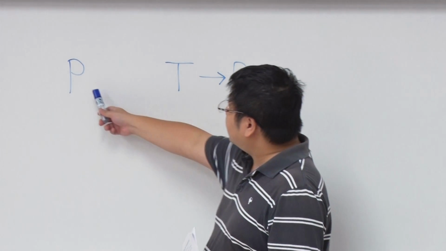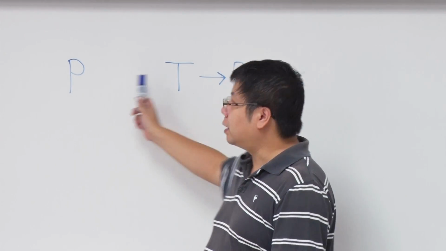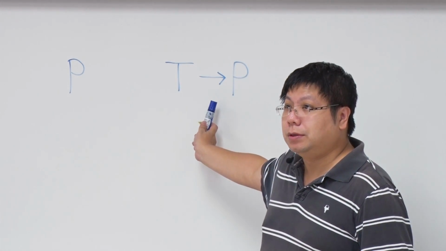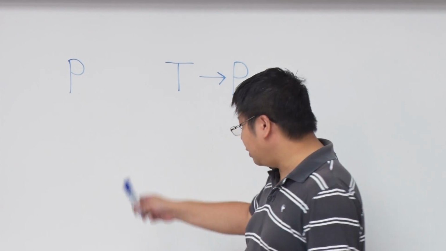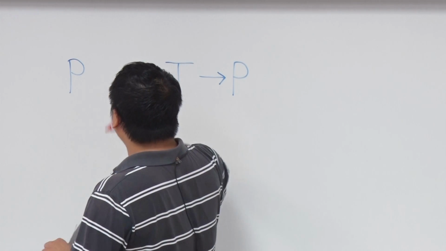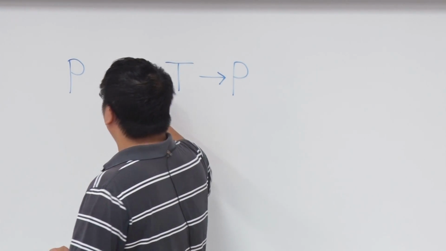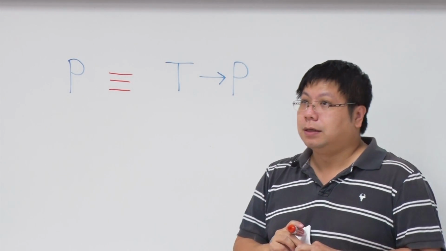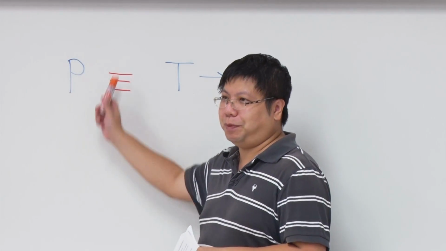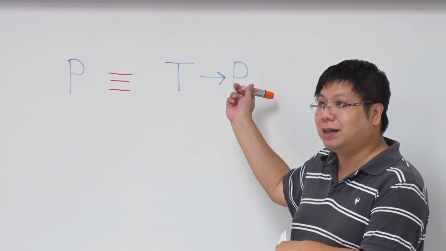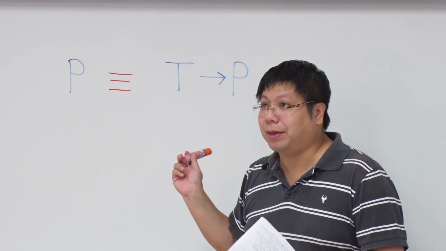If P is true, then T implies P will be true. If P is false, T implies P will be false. So these two are actually equivalent. It doesn't make sense to say that if I want to prove P, then I want to prove T implies P, because it's actually the same thing.